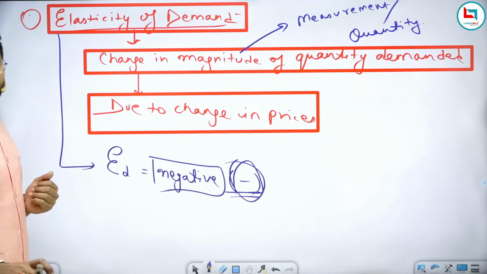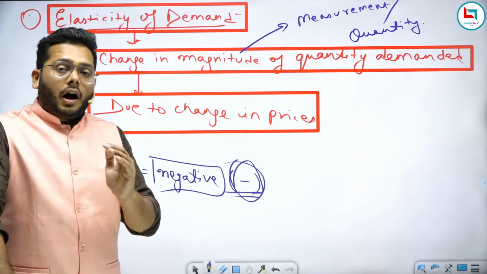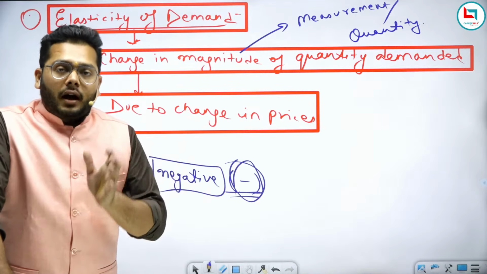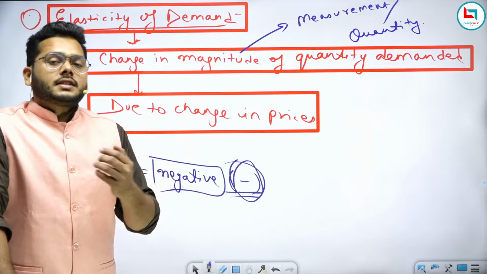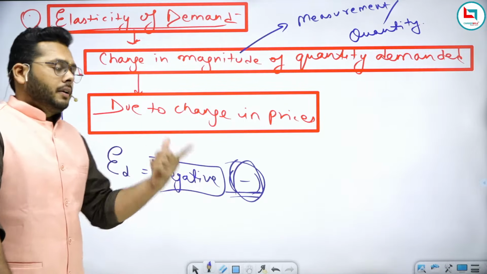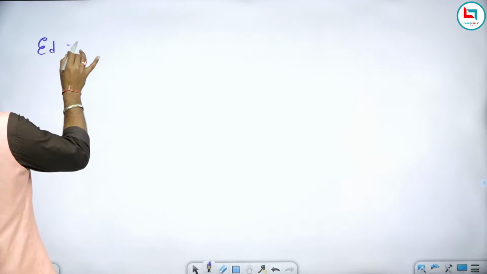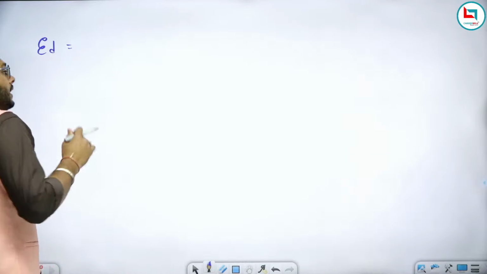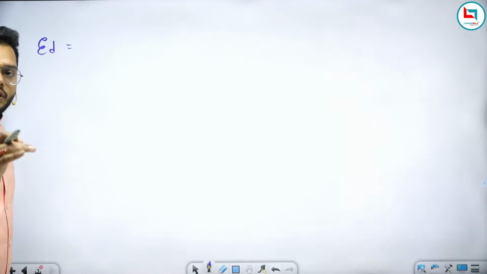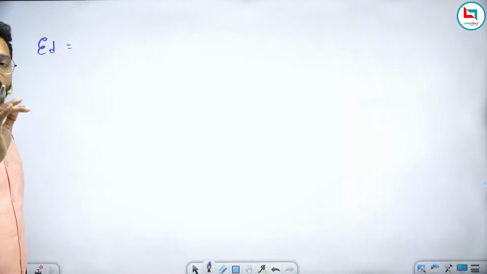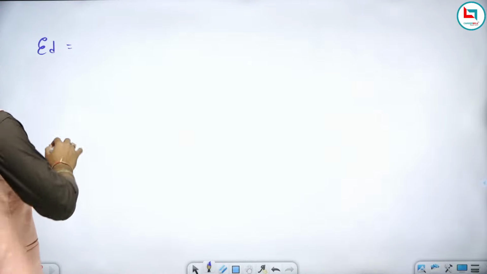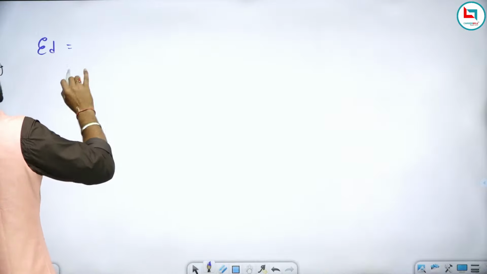Now we need to understand how we can calculate the elasticity of demand. ED means elasticity of demand. Whenever I write ED, you need to understand that it means elasticity of demand. So how will we calculate it?